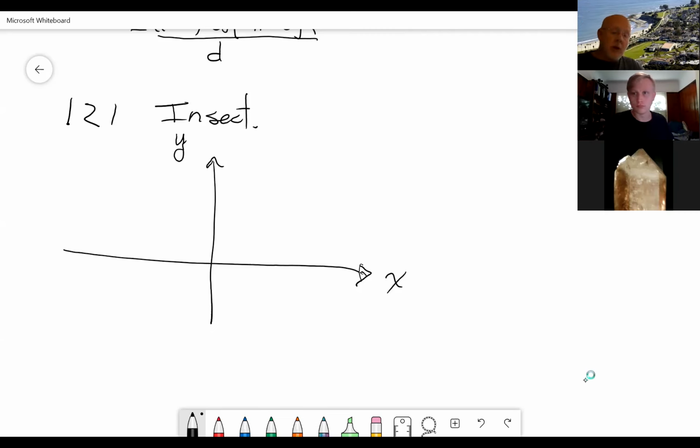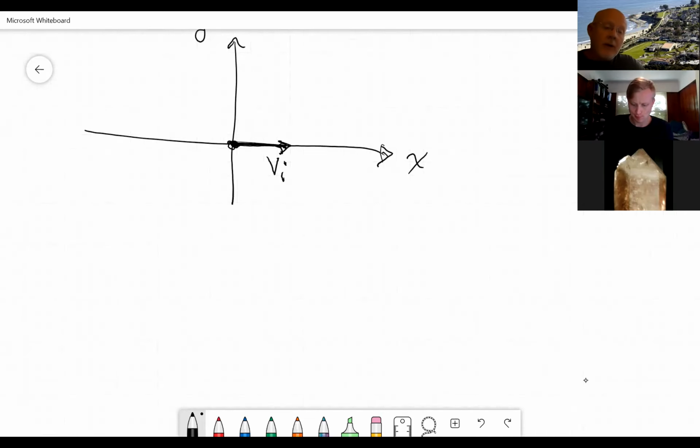When this one starts, it says it has a velocity in the x direction only. So that would be a picture of the initial velocity, okay? Then if you look at the acceleration, there's an acceleration in the x and an acceleration in the y. So what's going to happen after time, and maybe I'll just make another grid right below it so it doesn't fall on top of it and confuse you.